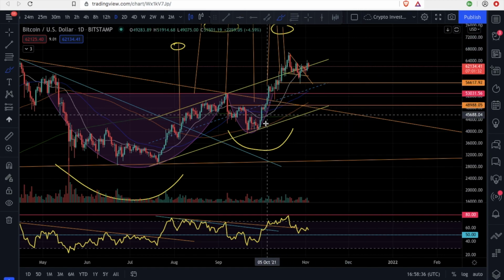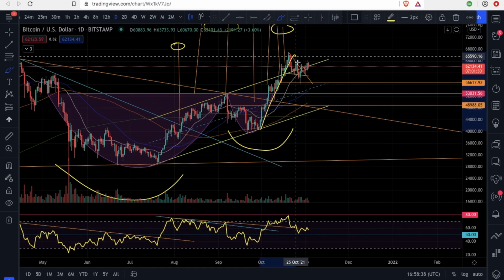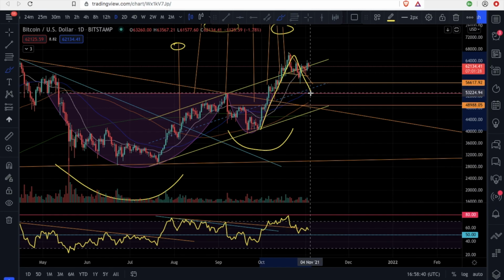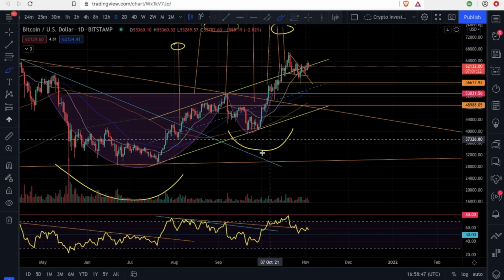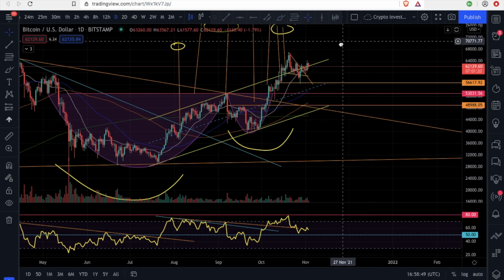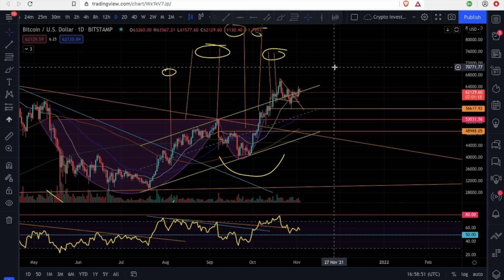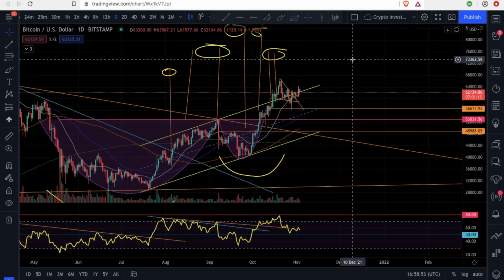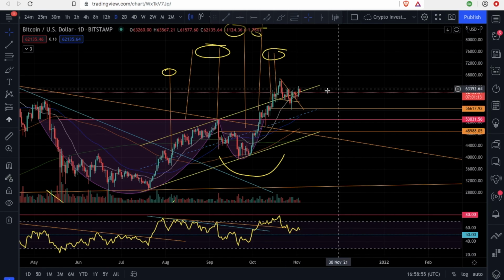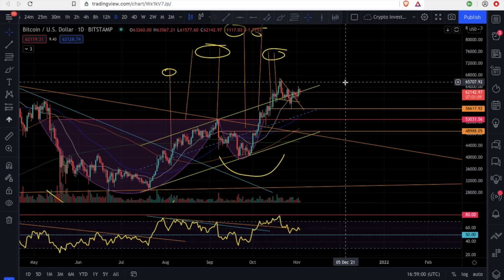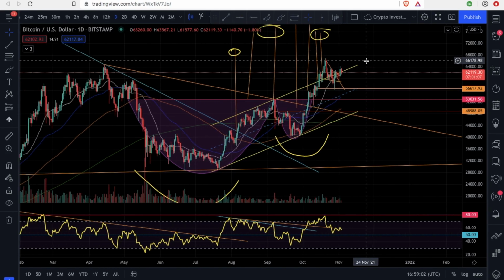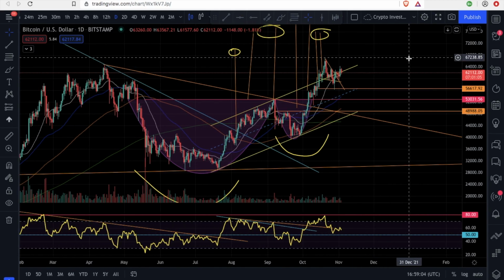What I'm anticipating for the Bitcoin price is to at least pull back around the $52,500 to $55,000 level, to then keep going higher in a healthy manner, and then start going from $80,000 to $150,000 from November to December. So yeah, guys, that's what I'm anticipating for the Bitcoin price from this month to the next month.